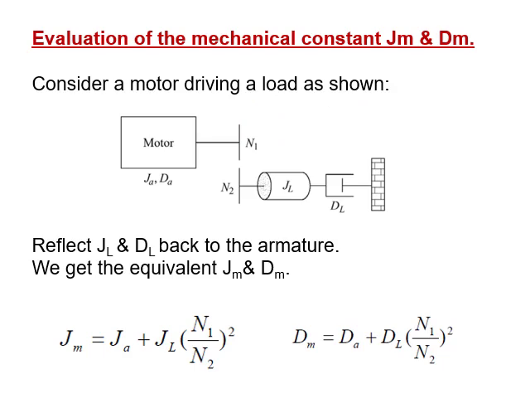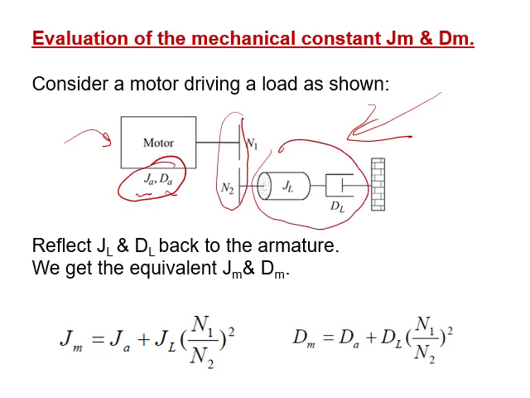So in the evaluation of the mechanical constants, it's similar to what we did earlier. By looking at this motor, we will understand it. The motor by itself has its inertia and its damping effect due to the bearing. That's for the motor. We call it JA and DA. The motor is linked through a gear to the mechanical system. We are looking at the mechanical system as JL and DL.